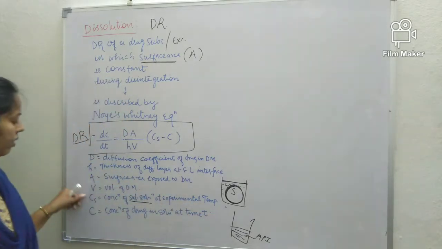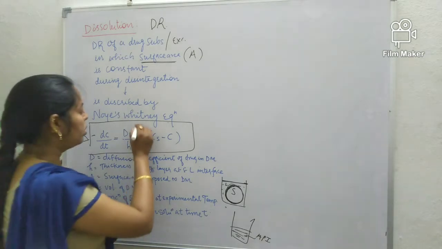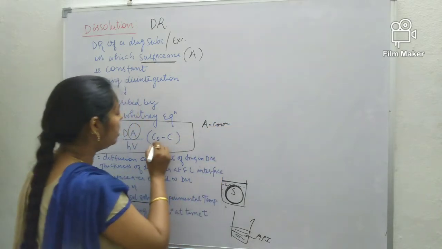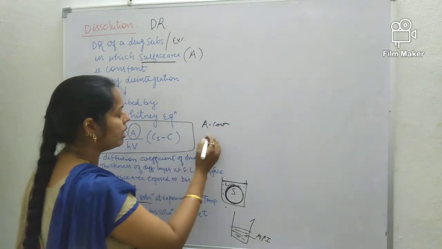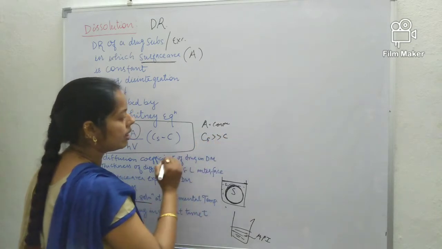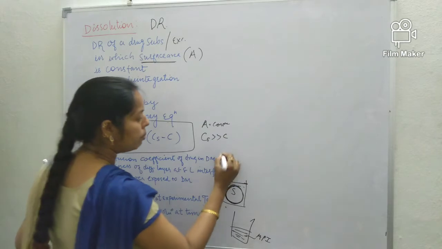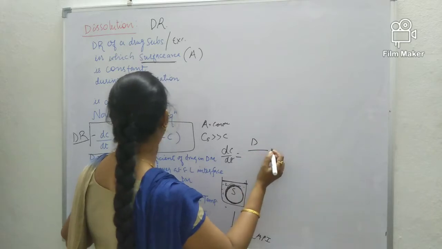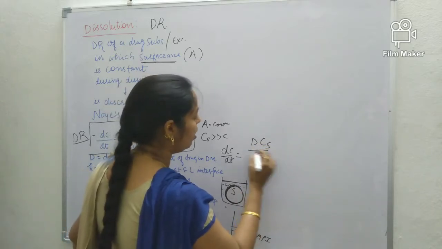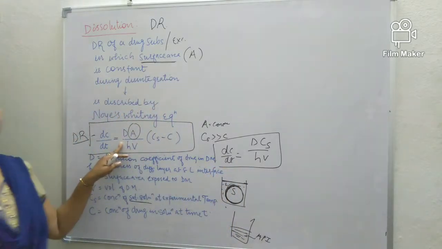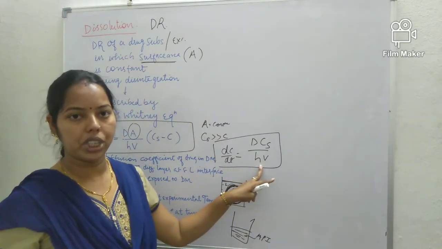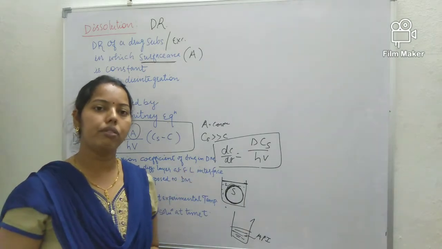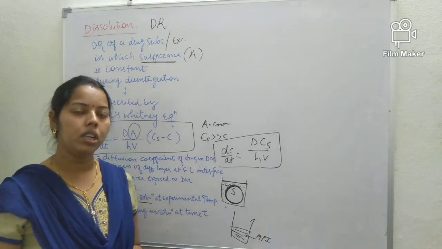When we keep area A constant, and Cs is much greater than C, then the equation becomes dC/dt = D Cs / h V. This is the dissolution rate equation. Through this equation, we can find out the dissolution rate of different drugs and raw materials in pre-formulation studies.